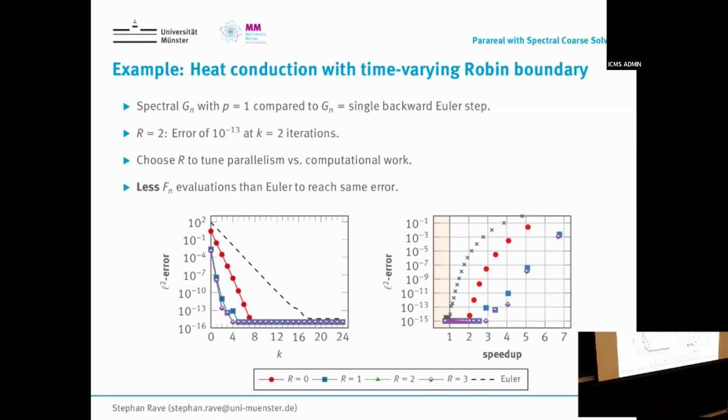And so in this case, it's actually true that if you count the fine solver evaluations you have in the training phase for the Coarse solver and then the Parareal updates, you actually need fewer fine solver evaluations than for the single-step Euler method, because it converges so much faster.